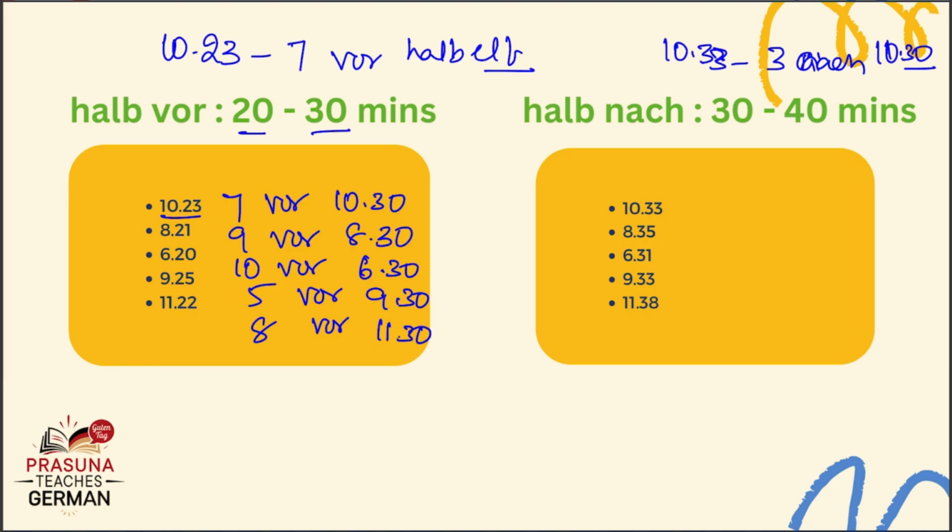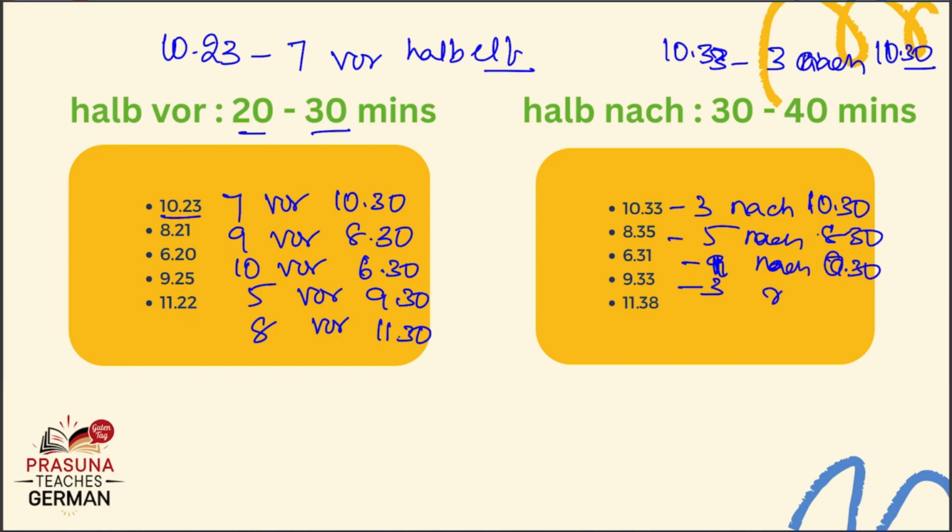So you know how to say 3, you know how to say after, you know how to say 10:30. 3 nach halb 11. 5 nach halb 9. 1 nach halb 7. 3 nach halb 10. 8 nach halb 12.